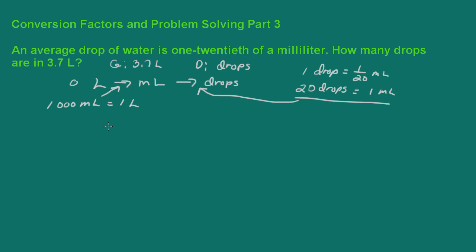So I need 2 sets of conversion factors. Let me go ahead and write out each set. So 1,000 milliliters for 1 liter, or I can write it as 1 liter for 1,000 milliliters. That takes care of the first conversion. Now we want to go from milliliters to drops. Remember, this is my roadmap, and it's always a good idea to follow your roadmap as you go.